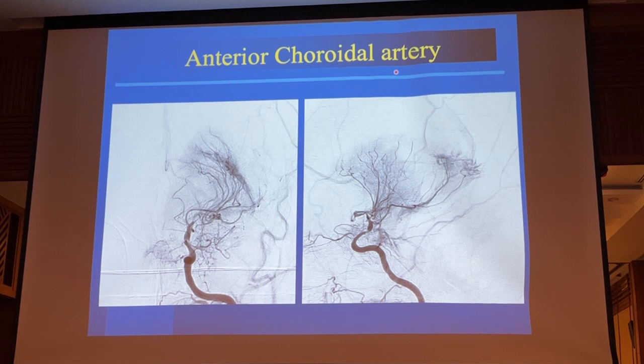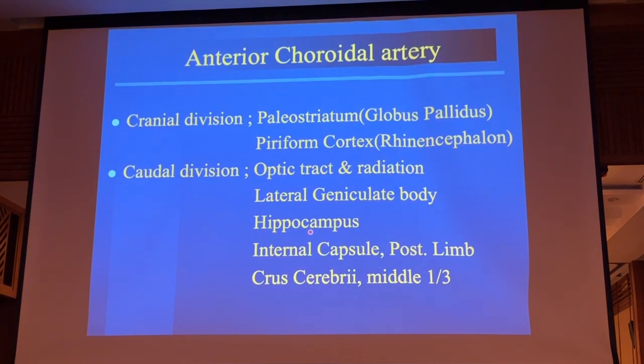Anterior choroidal artery, which Alan told you about in detail, does have perforating branches to the brainstem, and it also supplies the choroid plexus. Also the medial temporal lobe is supplied by this artery. There are two trunks.